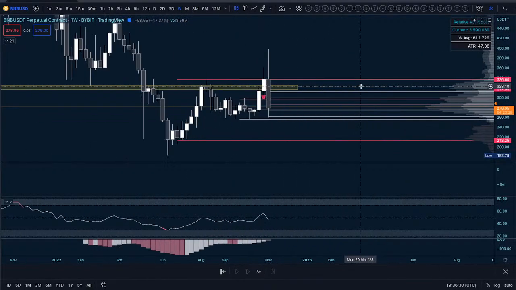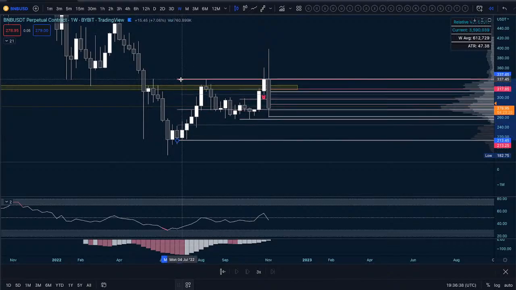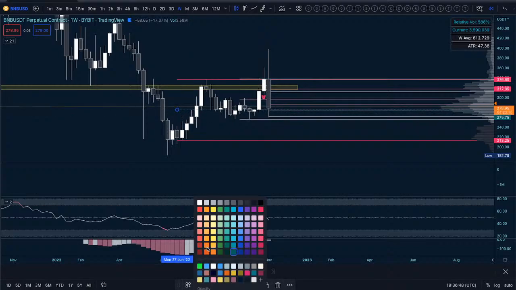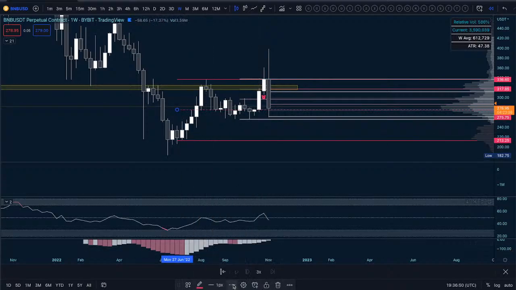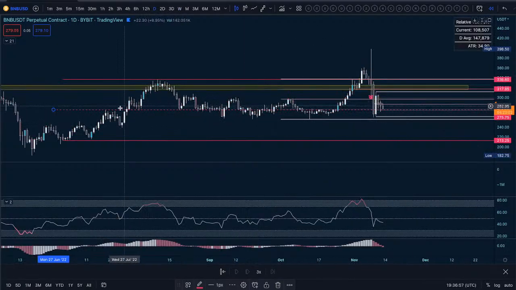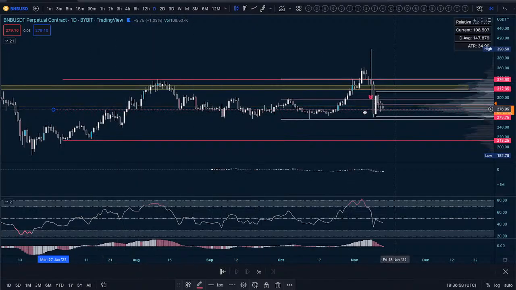So that's one range, and if I draw this here, that will be our mid-range. So that's the quarterly mid-range.